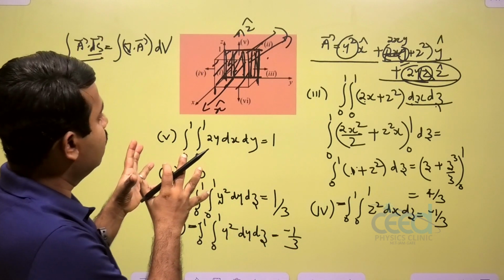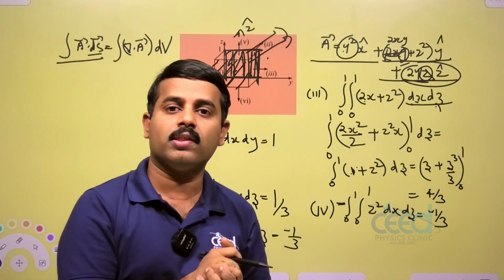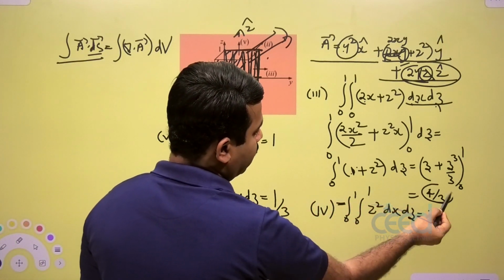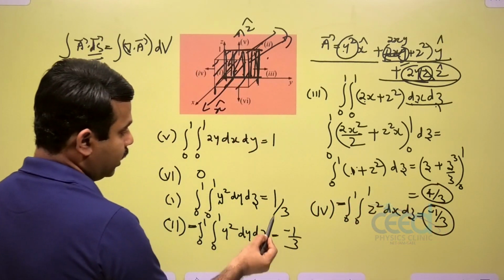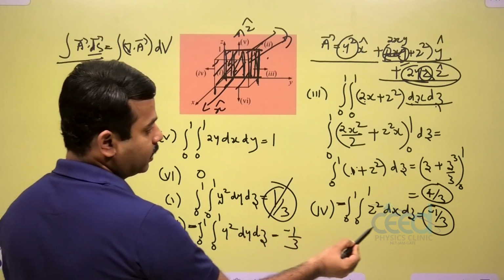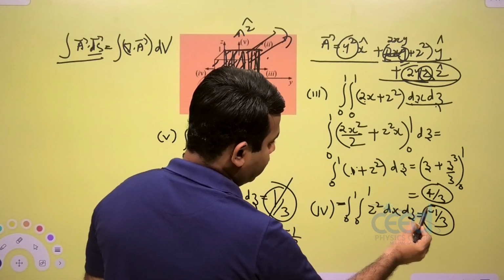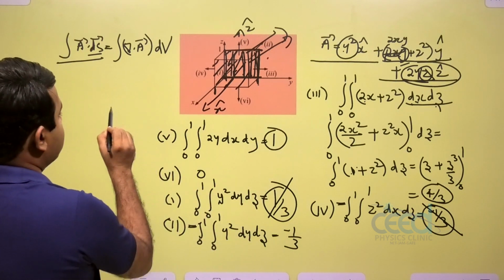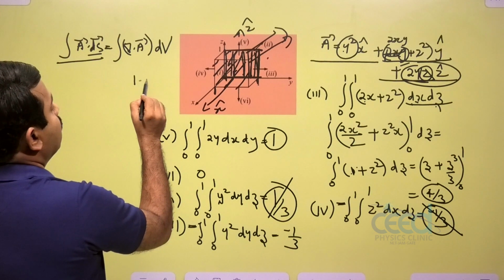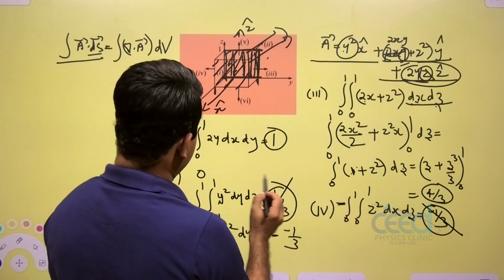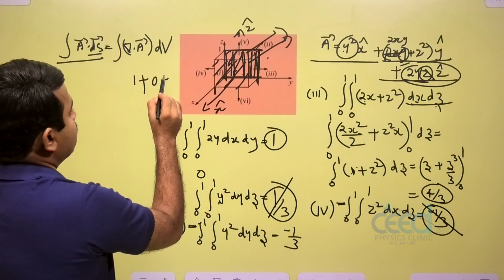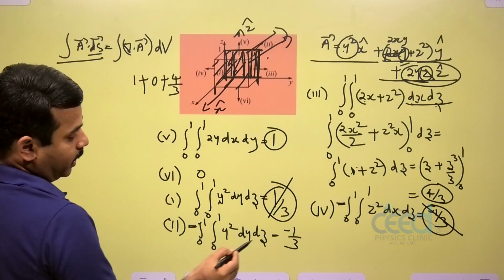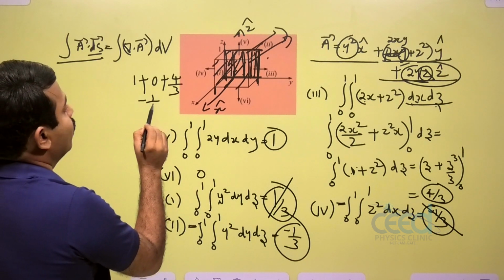Now what is the net surface integral of this vector field? See, here 4 by 3 is there, here minus 1 by 3, here plus 1 by 3; this and this cancel. Now here 1 is there, here 0, then 1 plus 0 plus, here 4 by 3, and here again minus 1 by 3.